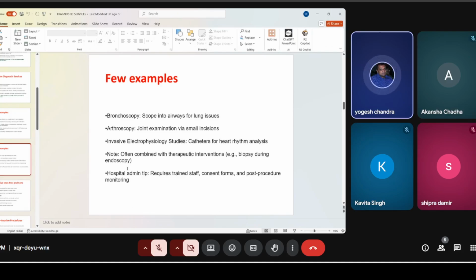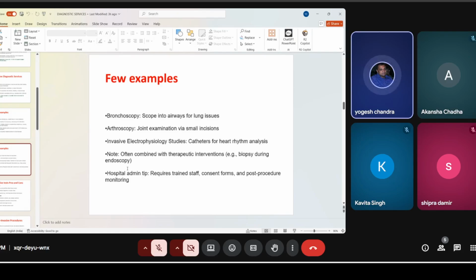Bronchoscopy actually sees into the airway and the lung. Arthroscopy is for seeing the joint. But now arthroscopy not only sees the joint; there is arthroscopic repair of the ligament, and a lot of arthroscopic surgeries are prevalent in hospitals. So arthroscopy is not only a diagnostic tool.